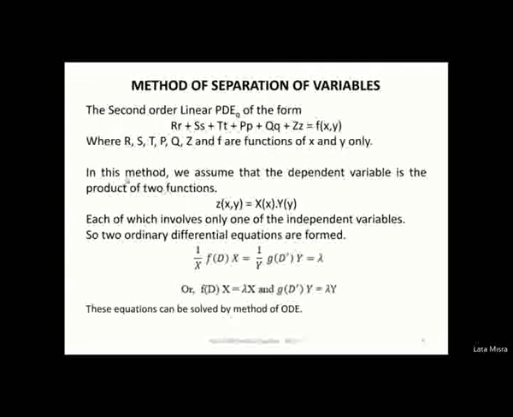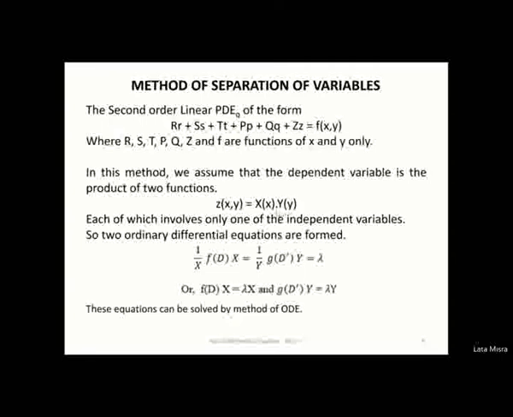In this method, we assume that the dependent variable z is the product of two functions: capital X is a function of small x and capital Y is a function of small y.